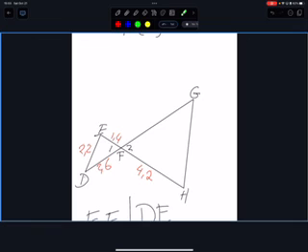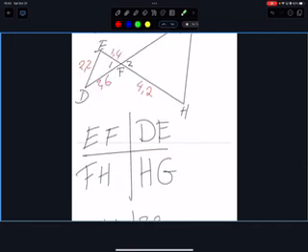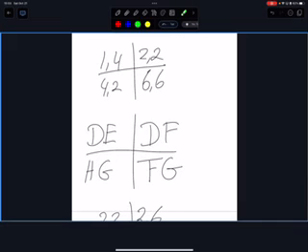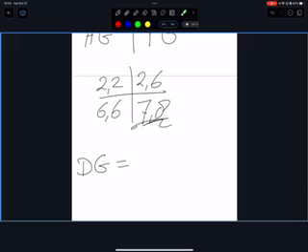So, how do I get to DG? The cross. You can do that, or you can do it a faster way. What is the length of DF? 2.6.